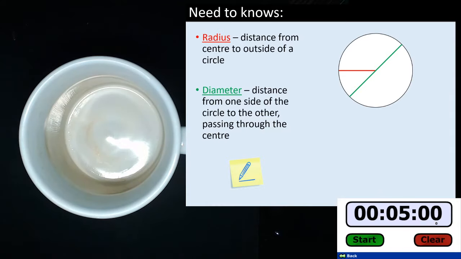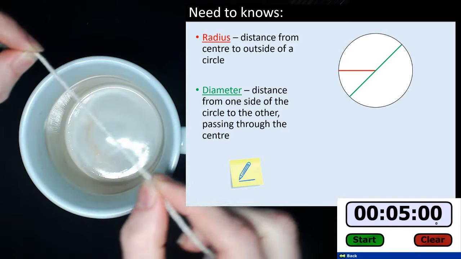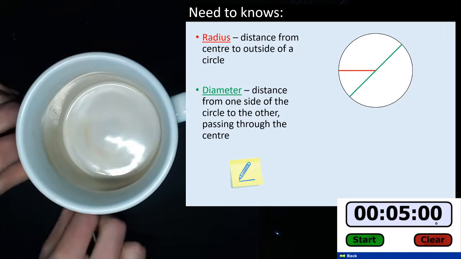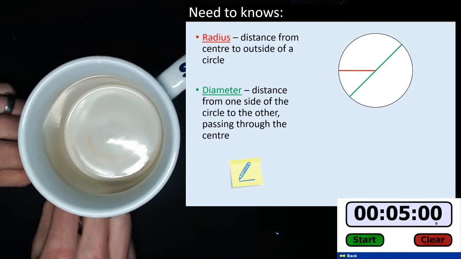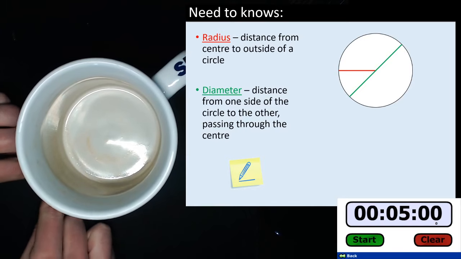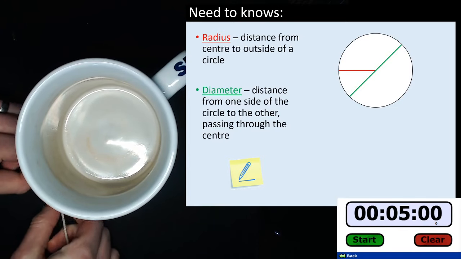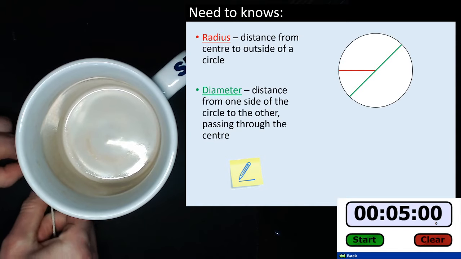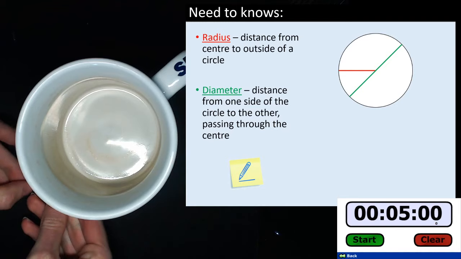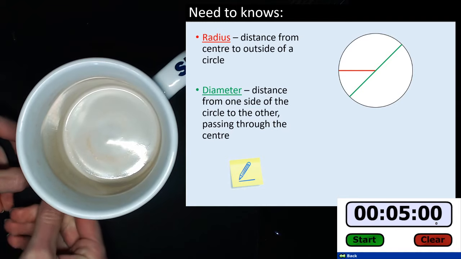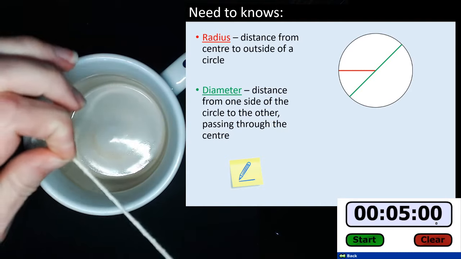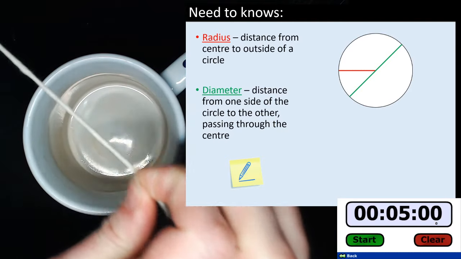So what you can do is you can take your string and wrap it around the edge of your round object, and the string is slightly stretchy. You just want to get it so you find out how far it is all the way around, which is about that distance for me, so from one end of my finger to the other one.